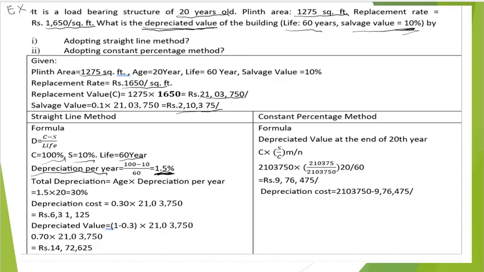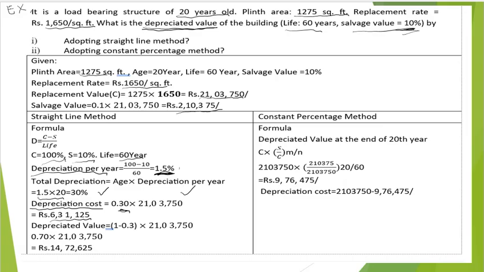The age of the building is 20 years, so the total depreciation will be 1.5 into 20, 30%. It means 30% of the cost has depreciated. So we will call it depreciation cost, which is 30% of 21 lakh 3,750. So it is 6 lakh 31,125.